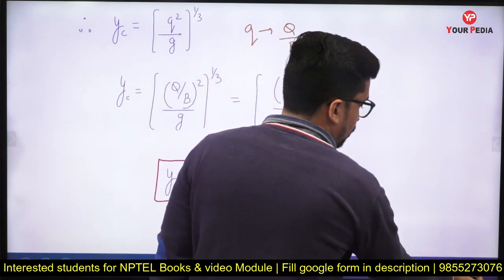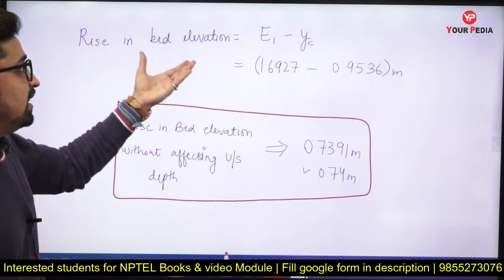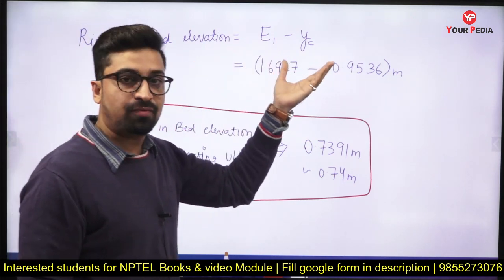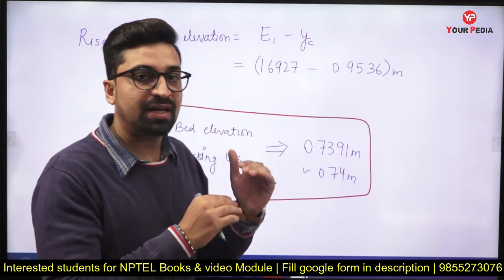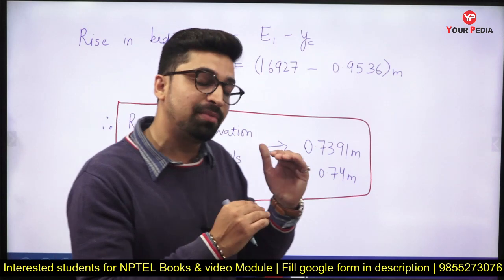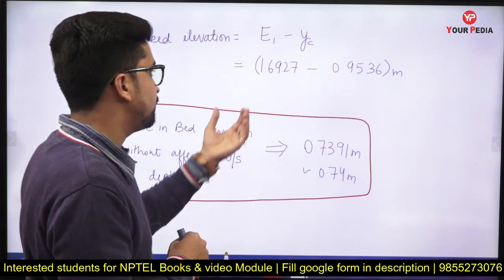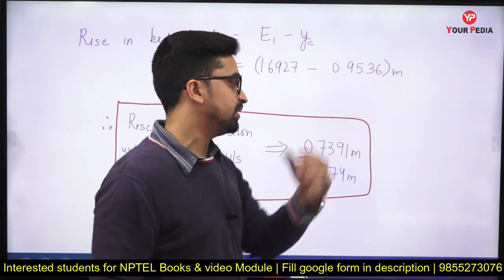After this we can say that the rise in bed elevation will be equal to E1 minus yc. Basically E1 was the energy at section 11, minus the critical depth at section 22, will be equal to the maximum rise in bed level, right? So this will be equal to 1.6927 minus 0.9536 meters, right?